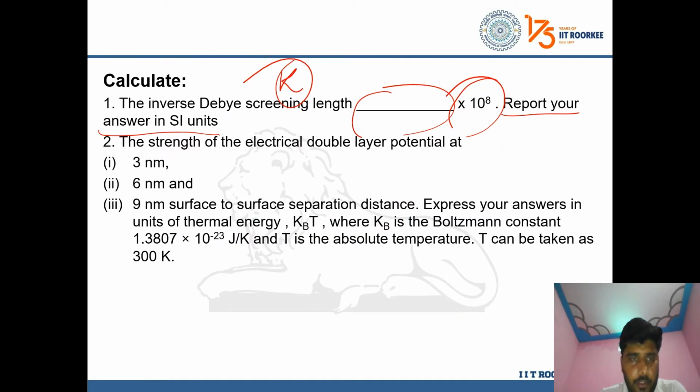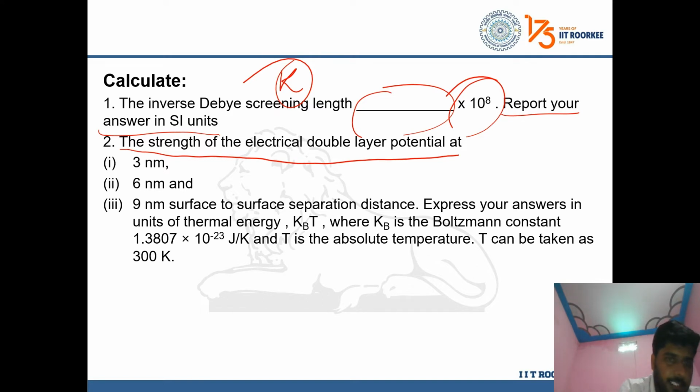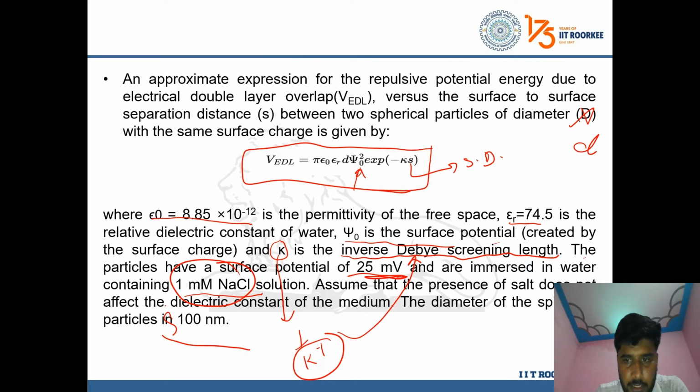Okay, let me go to the second one. The strength of the electrical double layer potential at 3, 6 and 9 nanometer separation distance you have to calculate, and for that particular problem you are provided this potential term.